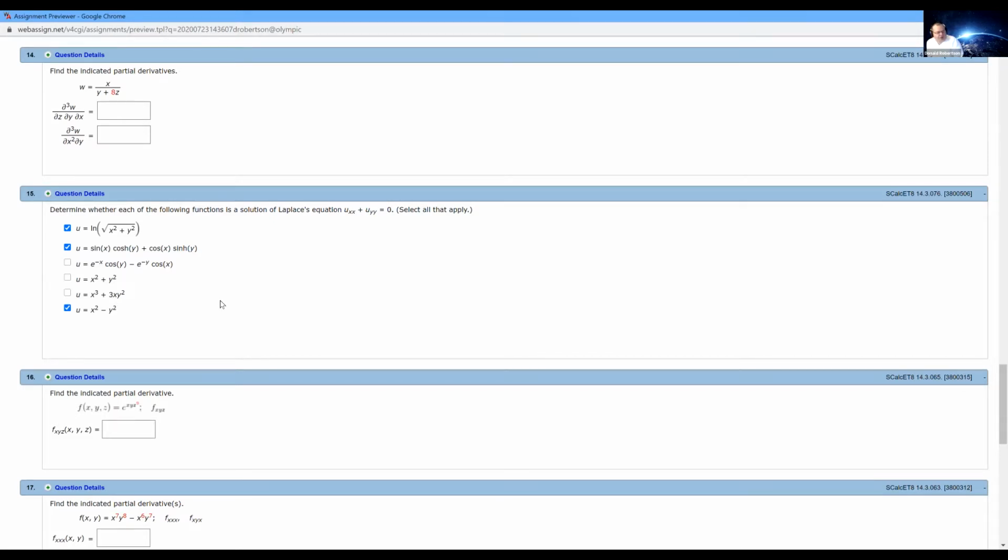Which means that you could probably spend your entire life just finding various solutions, because I believe there's an infinite number of solutions to Laplace's equation, which probably means that there's an infinite number of different waveforms out there.